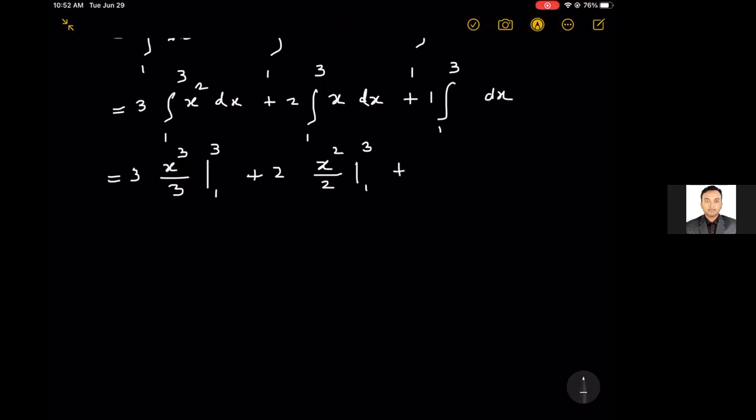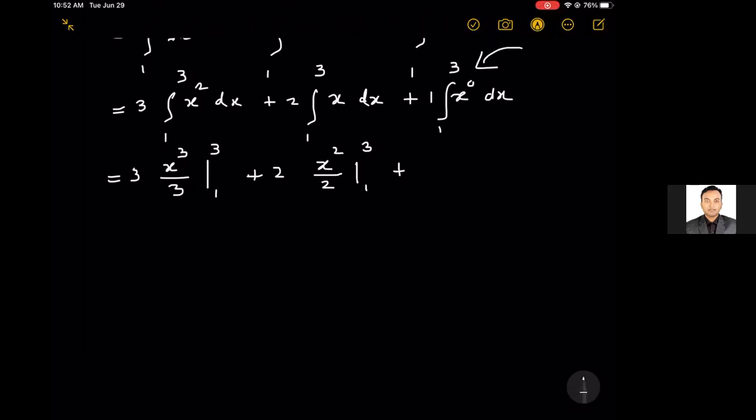What about this? The next one. What's the antiderivative of this? We have nothing here. What does it mean? Doesn't it mean x to the 0? Because x to the 0 is 1.